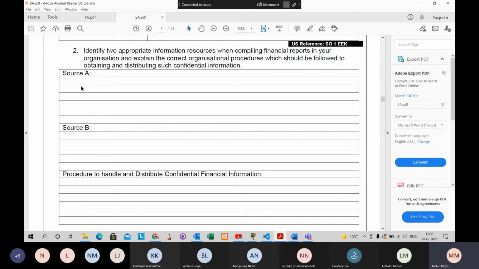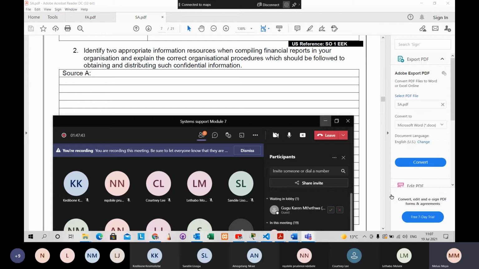So for example, you say maybe department, accounting, finance, whatever, and then you explain how that information is supposed to be protected, or the procedures that the organization has put in place to protect that specific data. Or source B can be the HR department, right? Pay slips or whatever it is. And then when it comes to pay slips, what's the procedure?